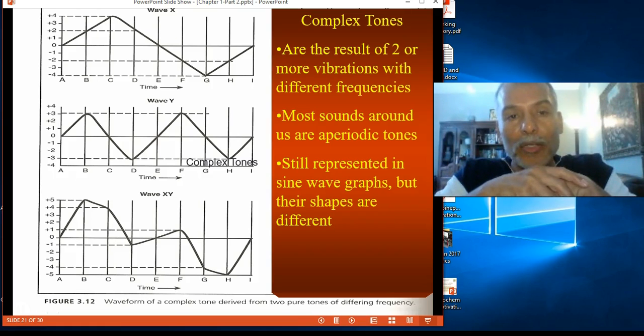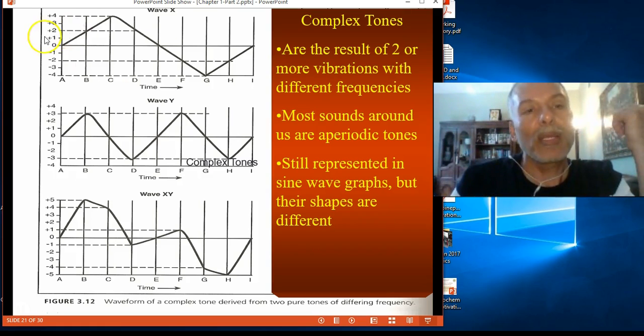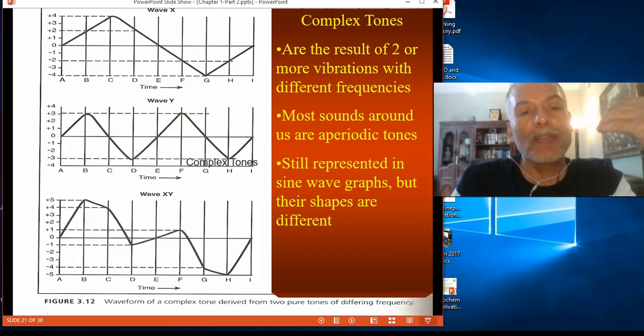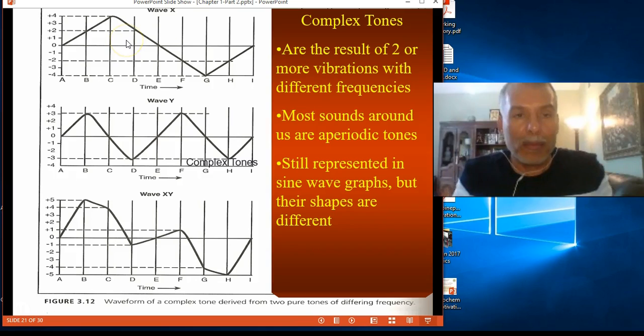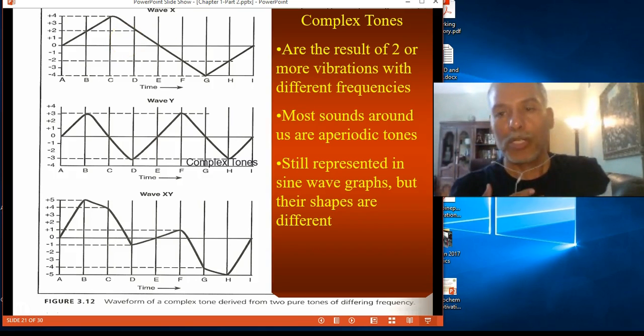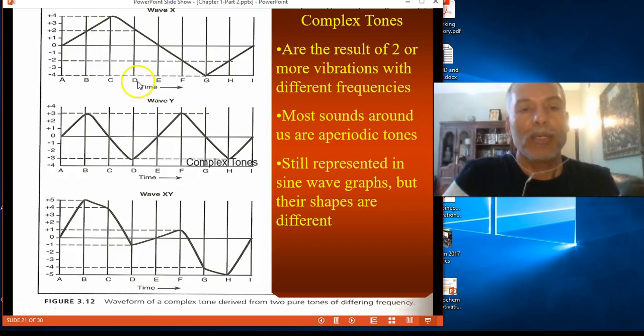Another way to think of it is, think of the top wave as the adult male voice, and the lower wave is the adult female voice. The adult female voice is the result of twice as many vibrations of the vocal folds as the adult male's voice. Let's say I have 100 vibrations per second, yours, let's say 200.